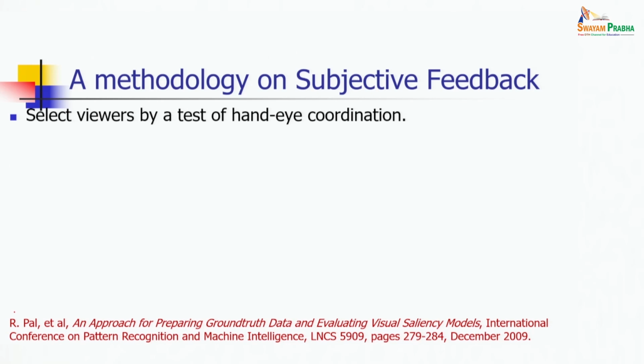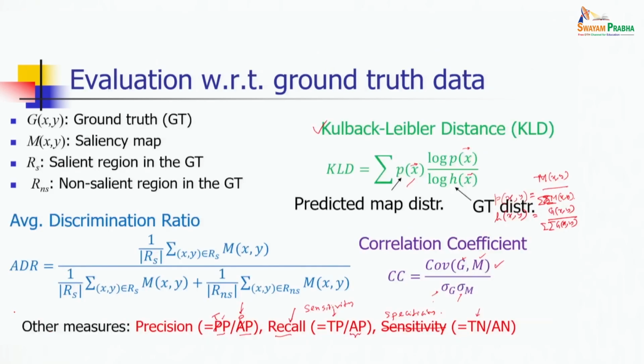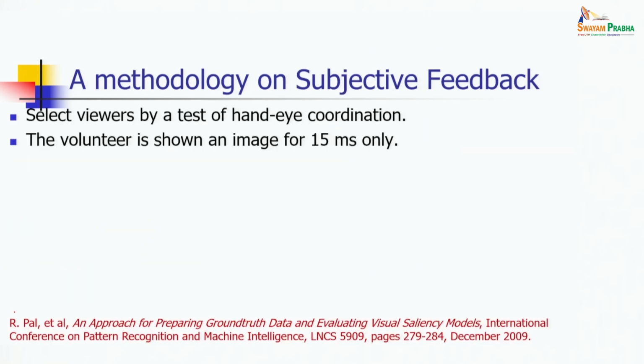First the viewer goes through it, and then the viewer participates in identifying the salient regions after viewing the image. After that, the volunteer is shown an image for 15 milliseconds only. These times are set by consulting experts in that domain, and the parameters of our psychovisual system or responses, because it is a bottom-up process.